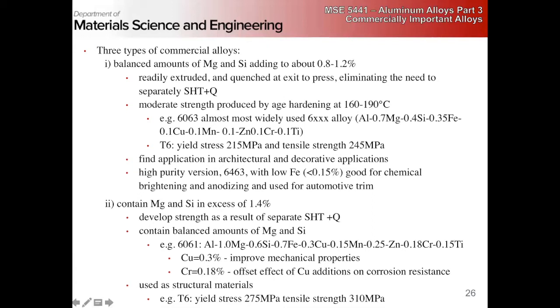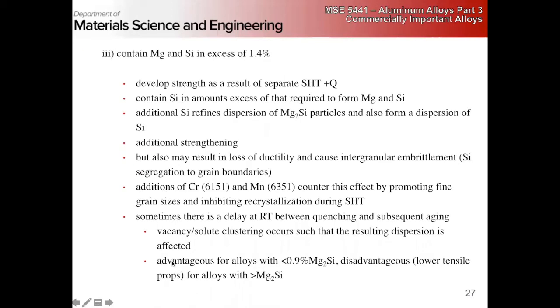6061 T6. Right, and again, these are your bicycle alloys. If they contain magnesium and silicon in excess of 1.4%, they still go through the solution heat treatment and quench stage, but the silicon now is in amounts in excess of what is required to form the Mg2Si particles.